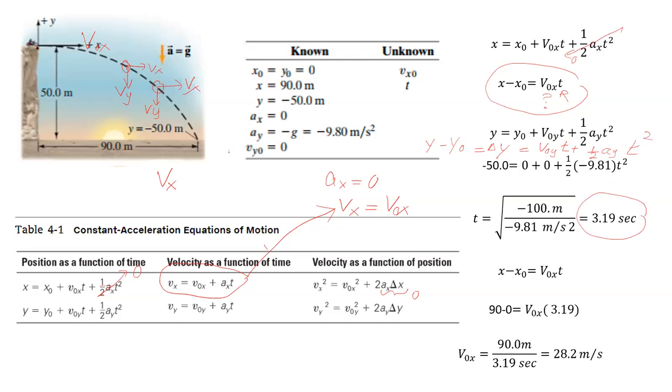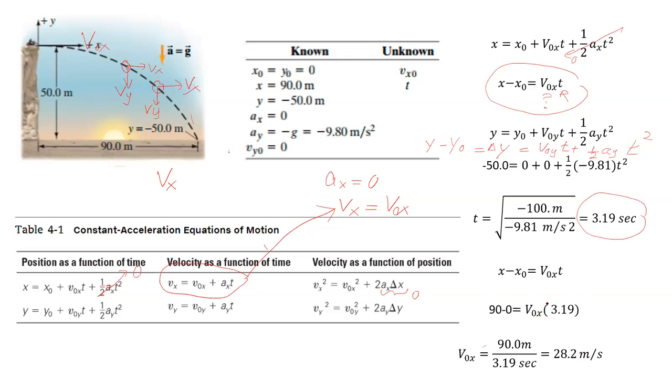We know the x and y direction motions are independent. He comes down vertically in 3.19 seconds, so he moves horizontally 90 meters. Therefore, knowing this distance and the time, you can figure out the initial velocity, 28.2. You can go over the math; I am just focusing on the concept here.